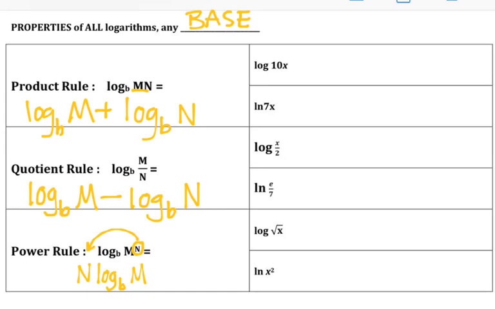So these are our 3 properties that we can use to expand logarithms. I want you guys to take a look at the problems that you see beside each of those properties and see if you can expand each of those logs into either a sum or a difference or a multiplied version of a log. And we'll talk about those in just a second.